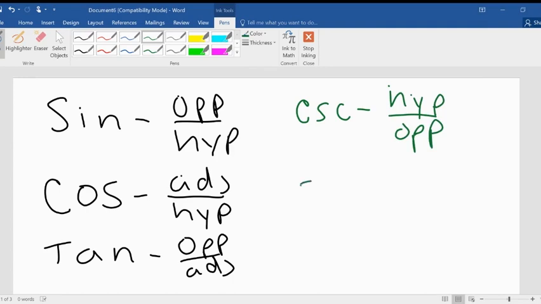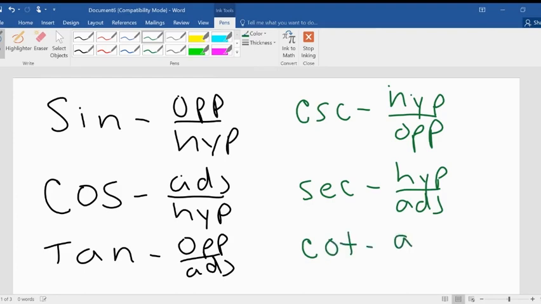You have secant, the reciprocal of cosine, which is SEC, and that is hypotenuse over adjacent. And then we have cotangent, which is the reciprocal of tan, and that's COT, and that's adjacent over opposite.